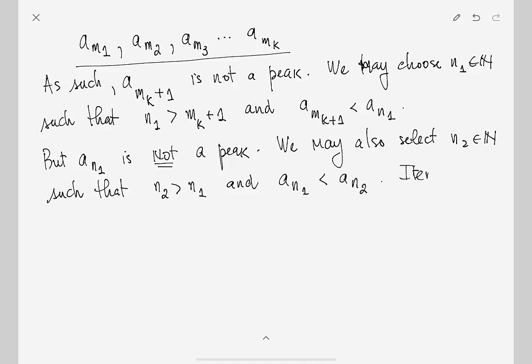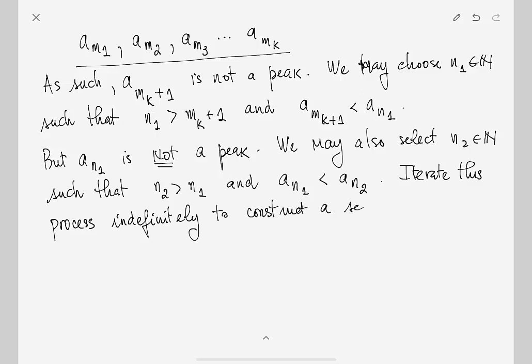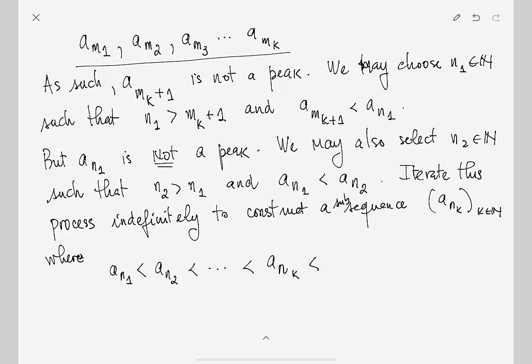And we iterate this process indefinitely, if it makes sense, to construct a sequence, in fact a subsequence a sub nk, where clearly a sub n1 is less than a sub n2, which is less than the next one until a sub nk, and so on. Right?